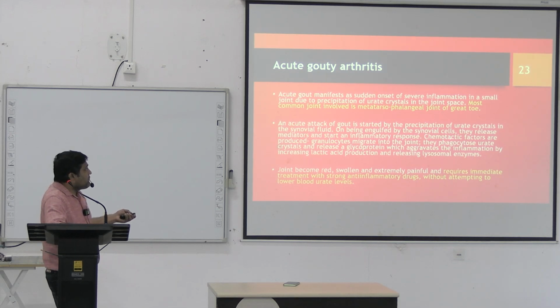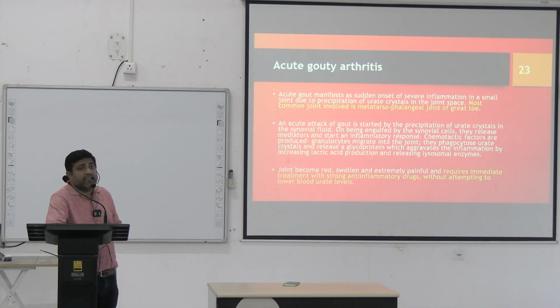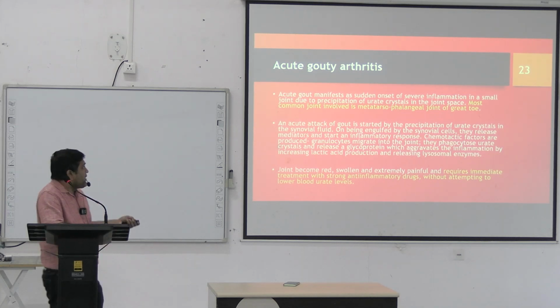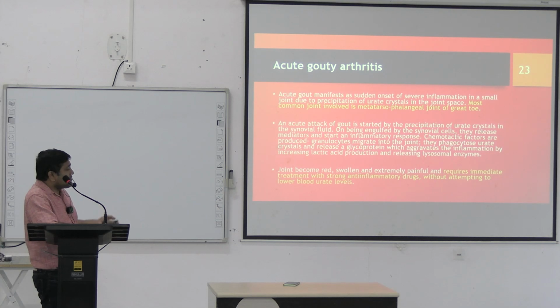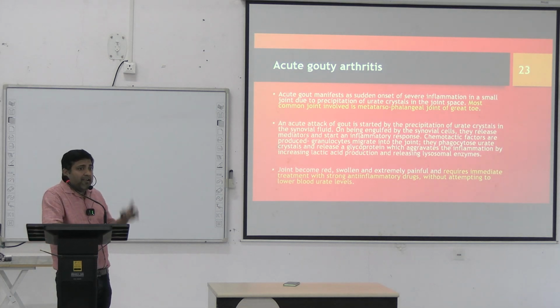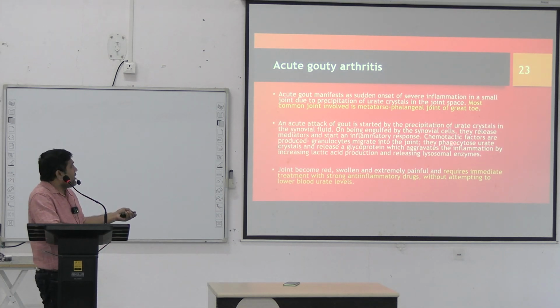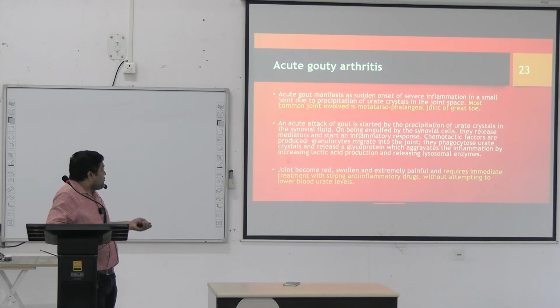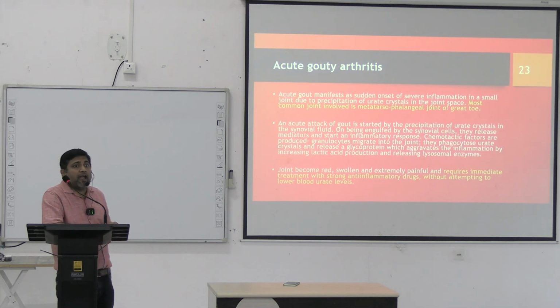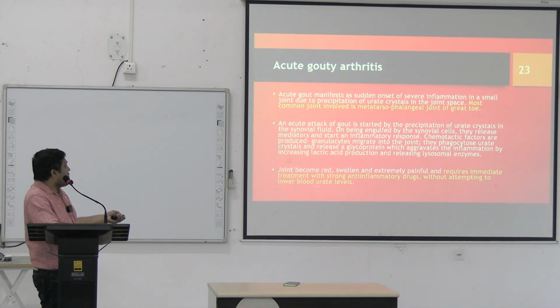On being engulfed by the synovial cells, they release mediators and start an inflammatory response. Chemotactic factors are produced, the granulocytes migrate into the joint, they phagocytose urate crystals and release a glycoprotein which aggravates the inflammation. The joint becomes red, swollen and extremely painful and requires immediate treatment with an anti-inflammatory drug without attempting to lower blood urate level.